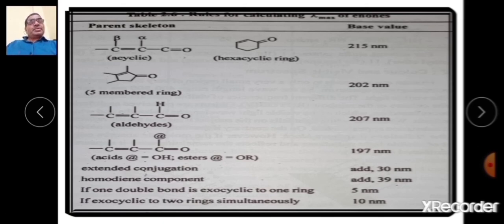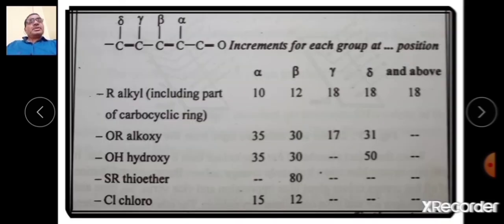And if exocyclic to two rings simultaneously, then add 10 nanometer to the base value. Now students, we are proceeding to substitutions. Now these are the positions: alpha, beta, gamma, delta, omega. Now the increments for each group depend on where it is substituted.